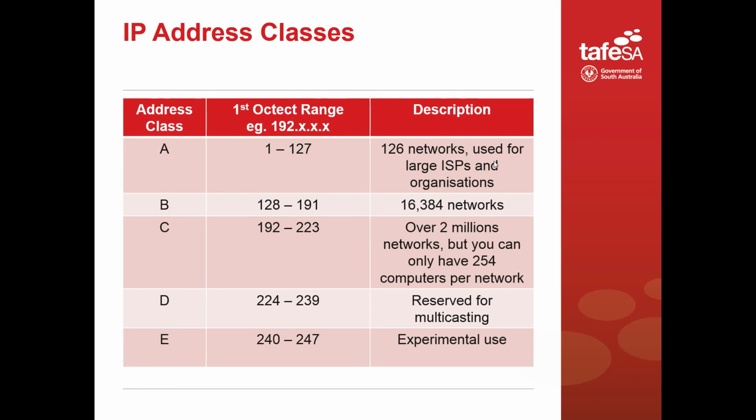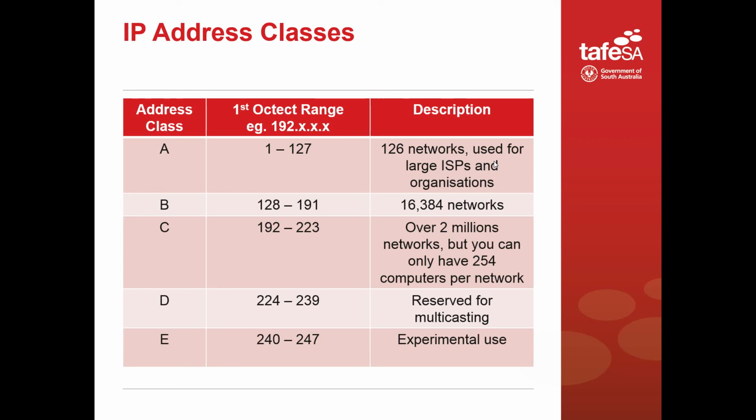That first octet represents what is before the first dot in your IP address. Anything before that first dot that's from 1 to 127 is called a Class A address. Anything in that first octet from 128 to 191 is a Class B address, and so on. You can see there's a Class C, D and E.